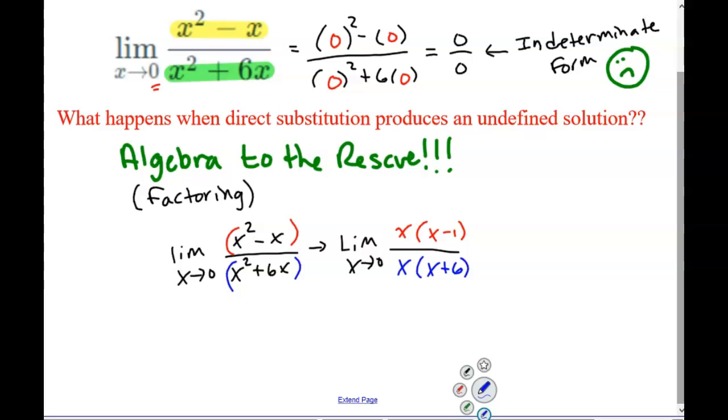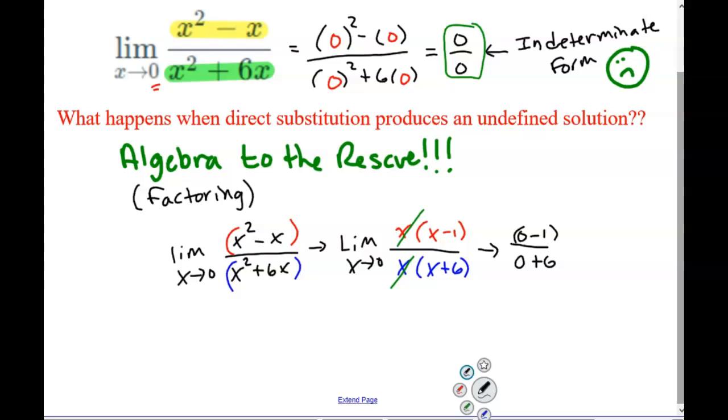We're going to reduce out a common factor. This common factor of x times x is what caused the 0 over 0. We want to get rid of that. If we get rid of that, it's a brand new limit, which now, let's plug 0 in for what's left over.